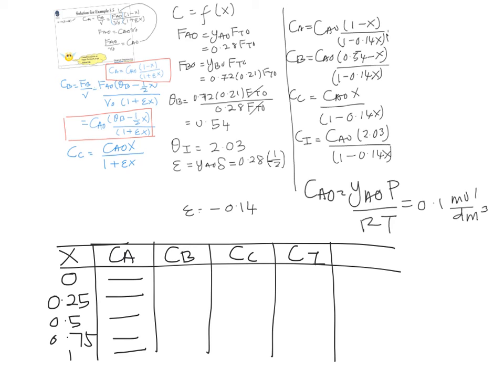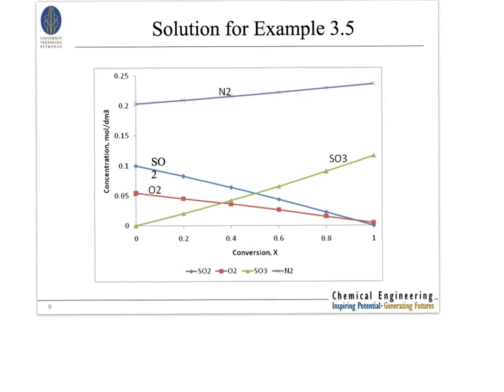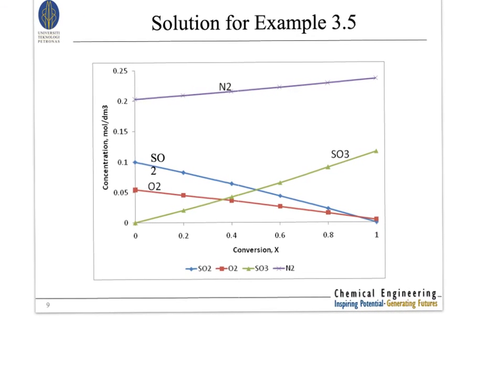When you fill up the table, you use the data to plot a graph of concentration versus conversion for all species. Both reactants, SO2 and oxygen, will decrease with conversion, and the product SO3 will increase up to the maximum conversion.